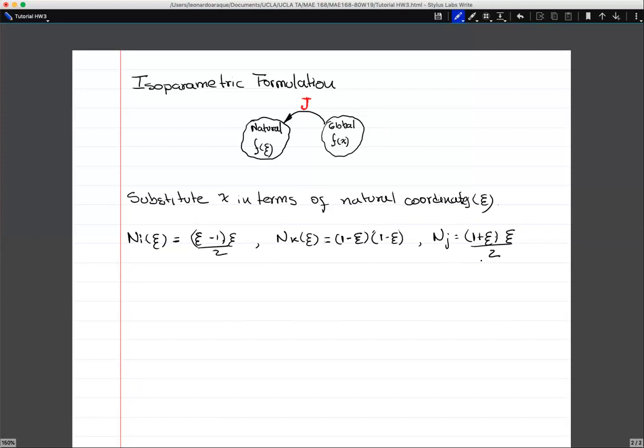And their derivatives are just derivatives of each of them with respect to the natural coordinate psi. Let me do something here.